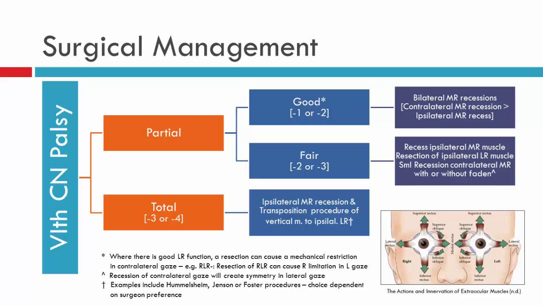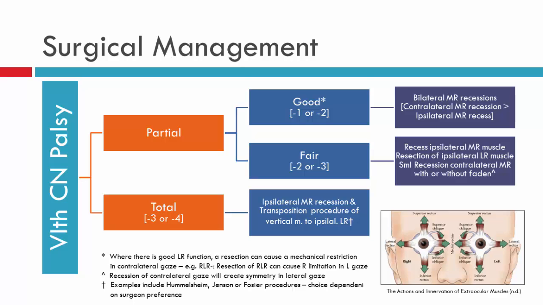Now, the other consideration is, do we have a partial palsy or do we have a total palsy? Let's start off with partial. Now, there are two categories here. We could either have good function or fair function. Now, good function is generally when you're seeing a -1 and possibly a -2, but we're looking at about 80 to almost 100% function on that lateral rectus, as opposed to fair, where we're looking at about up to 50% of function, so you're looking at about a -3, maybe a -2.